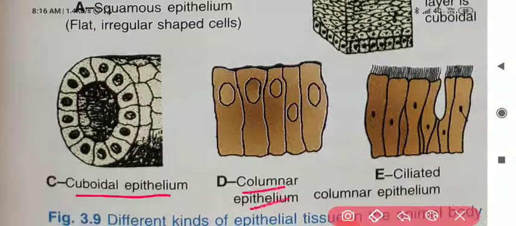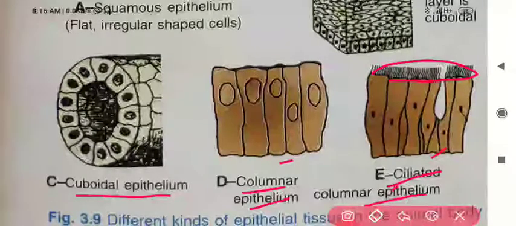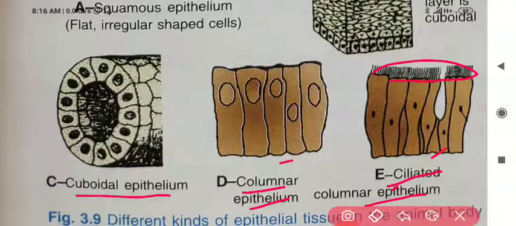Next columnar epithelium, ciliated columnar epithelium. Cilia are present, you can see. Clear? So these are the five types of epithelial tissue. By the diagram you must know how to identify. Sometimes one diagram may be there, you have to identify it. Clear?